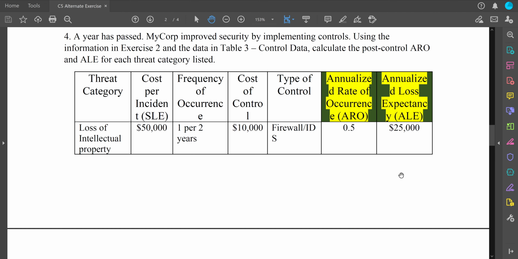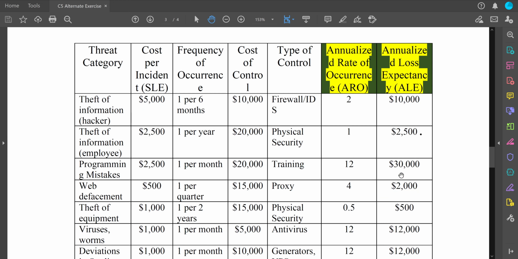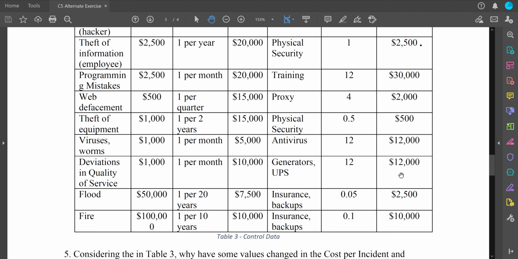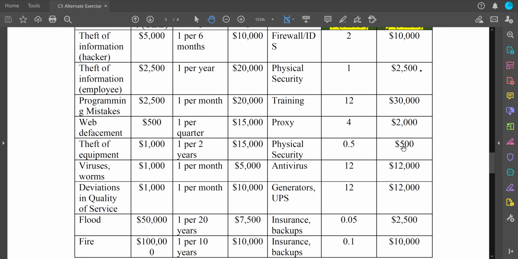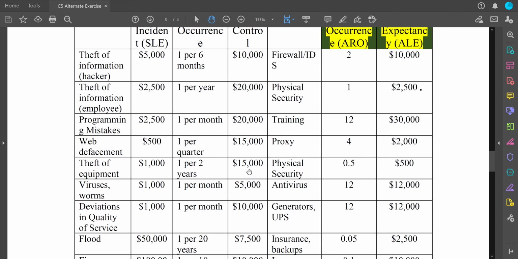So we'll take that $1,000, the ALE pre-assessment, and then we'll go to the next table, post-assessment, and see that the ALE is $500, right? So that's 1,000 minus 500, and then we'll go to the cost of controls, right, which is 15,000. So that's 500 minus 15,000, which ends up being negative 14,500.